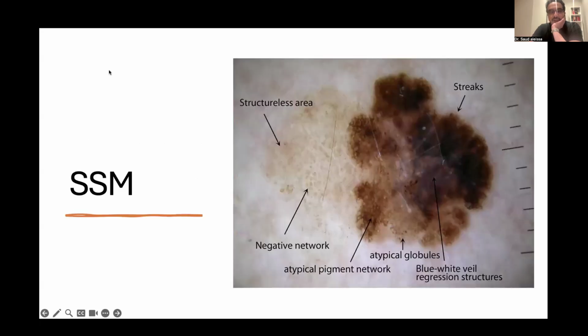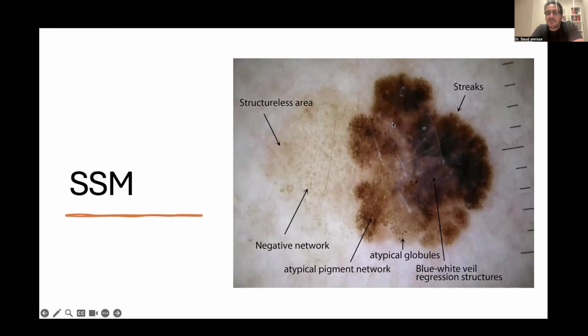So let's take a look at some dermoscopic examples. So this is a superficial spreading melanoma. Okay. So without a dermatoscope, you can see right away. So it's not regular. The borders are not smooth. Okay. There's a ton of color variations. Okay.